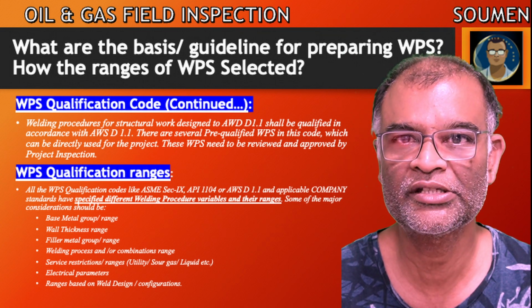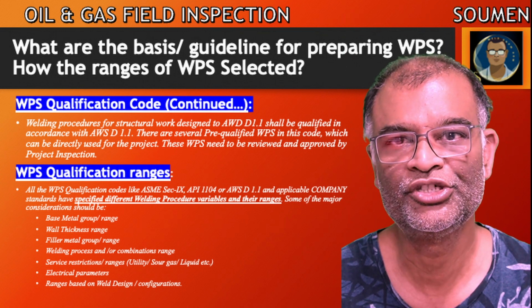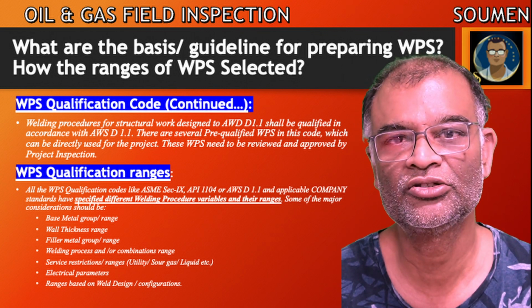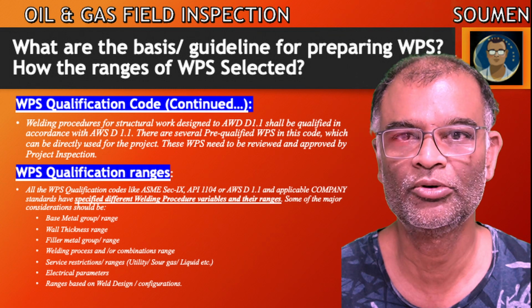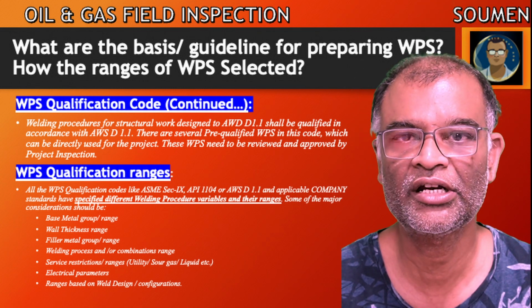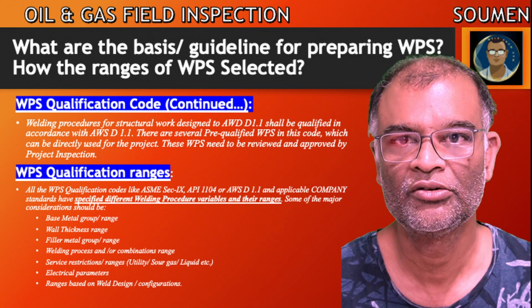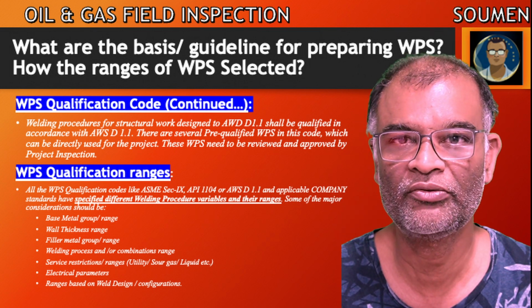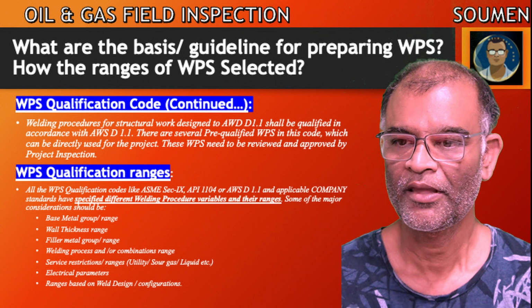AWS D1.1 is a complete code which has its own qualification code also. It also has a lot of pre-qualified WPS which a contractor can directly use for their project after getting the specific project approval from the project inspection.